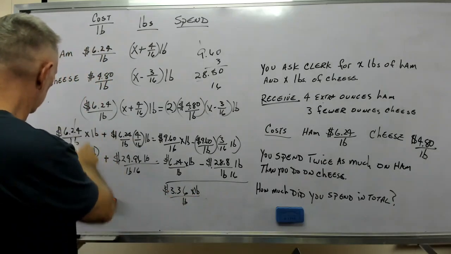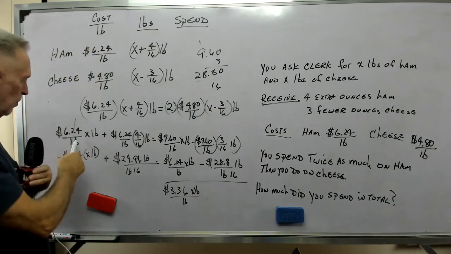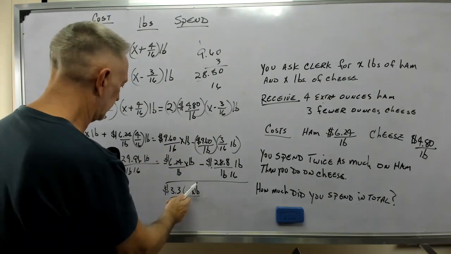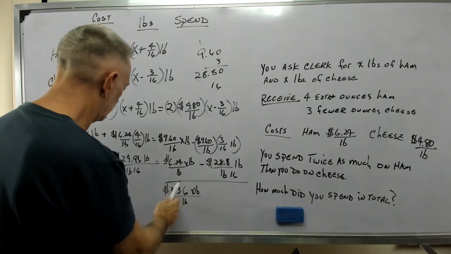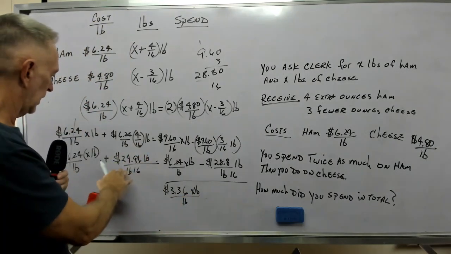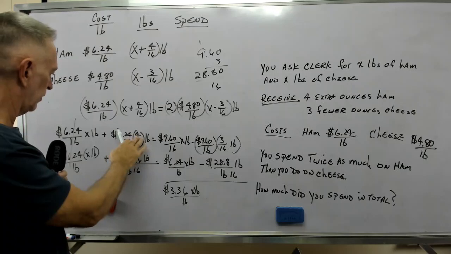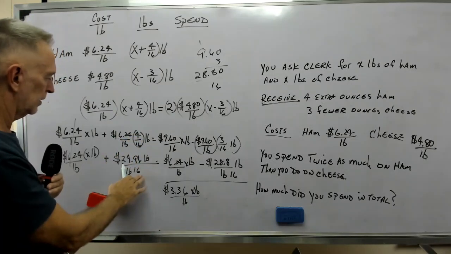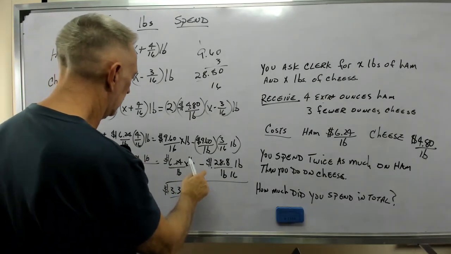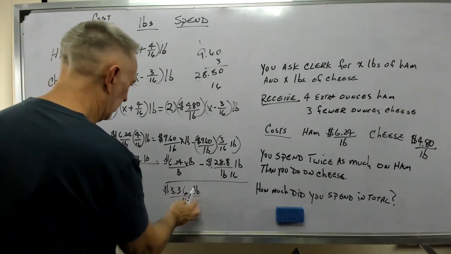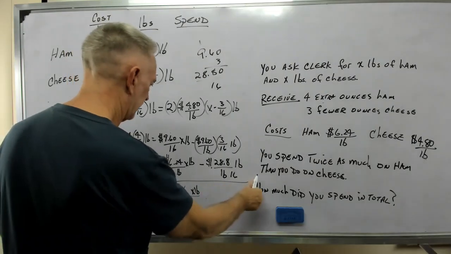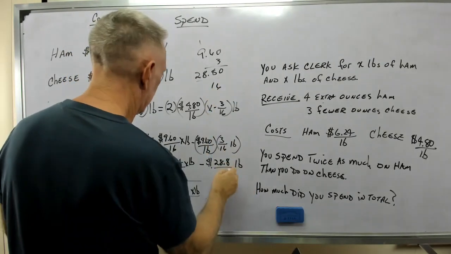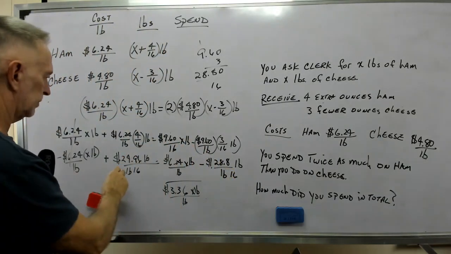Now you'll notice we've wiped out the 6.24, subtracted it over here. We ended up with 3.36 X pounds per pound. And then we said the 6.24 times 4, it's over 16 pounds. So we ended up with 24.96. Now then, since I have the pounds over here, I'm going to add 28.80 to both sides.